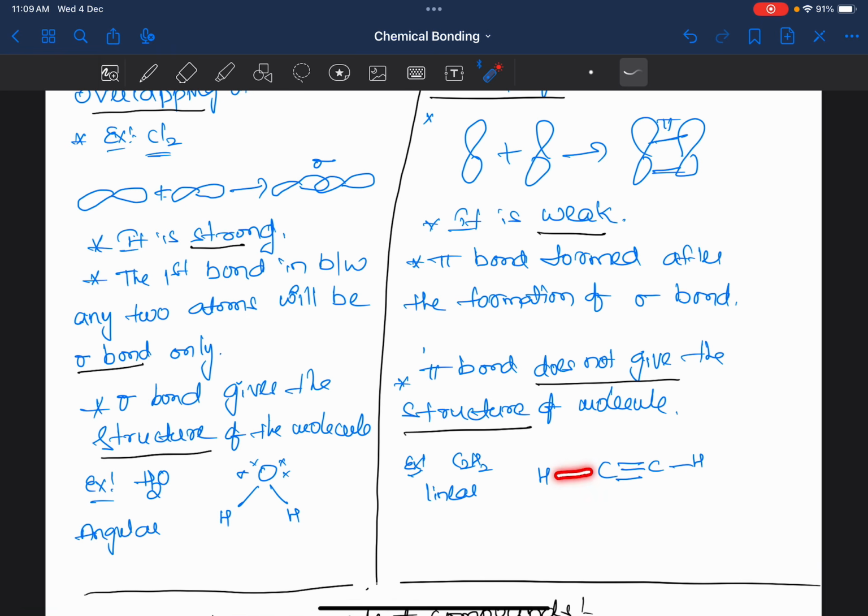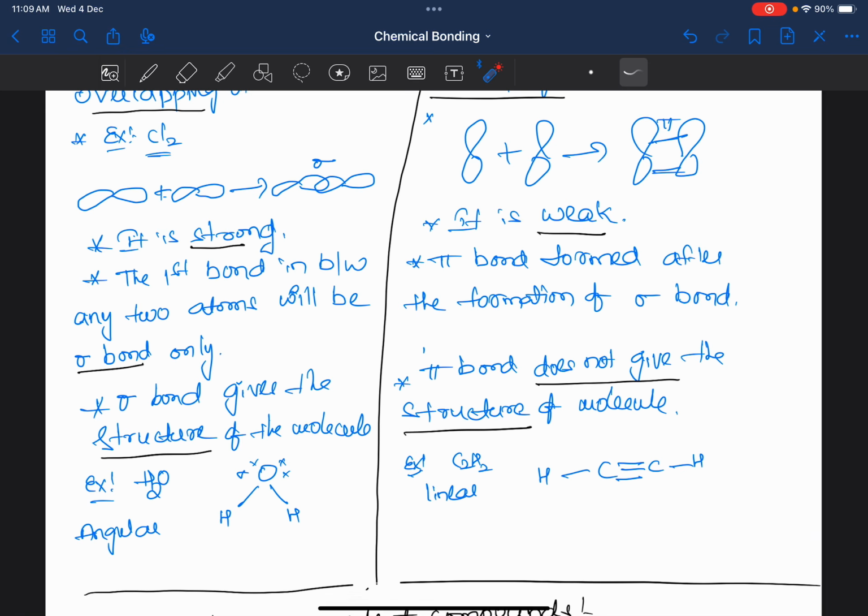In between any two continuous atoms, straight overlapping will take place, so three sigma bonds are observed in this molecule. After the straight overlapping, partial overlapping will take place, so two pi bonds are observed in this molecule.